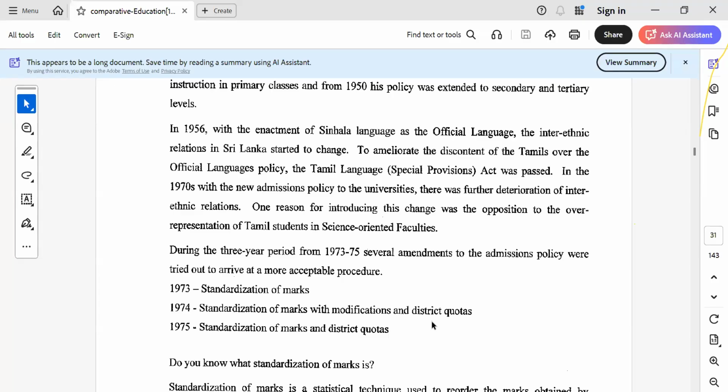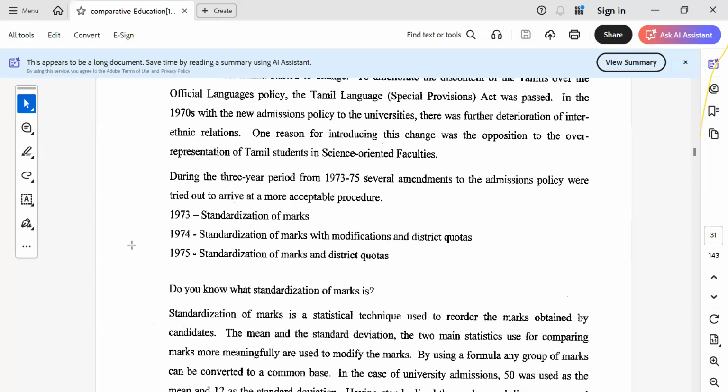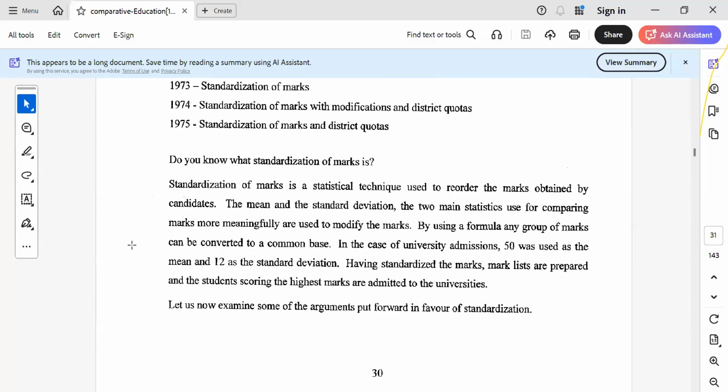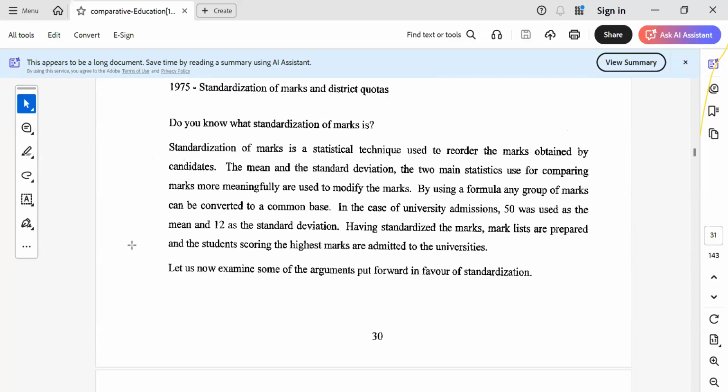So every ethnic group, and from every district, students can enter, right? Do you know what standardization of marks is? So now the Z-score was created because of that, right? According to the Z-score only, the students are selected for the universities.